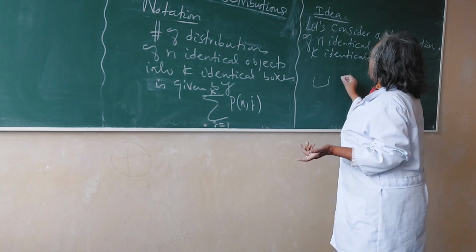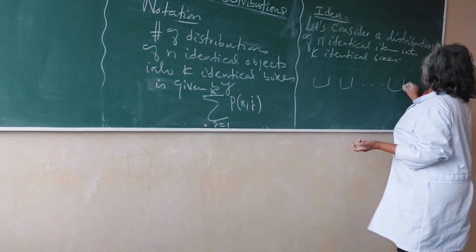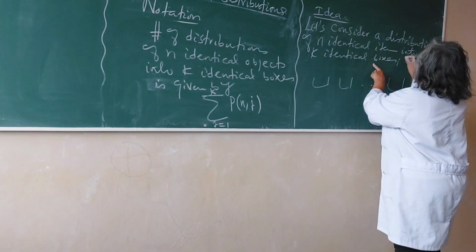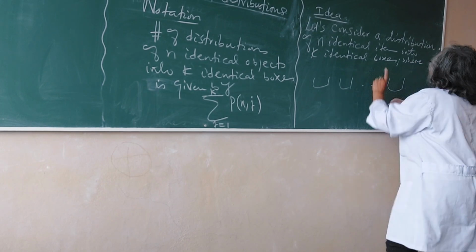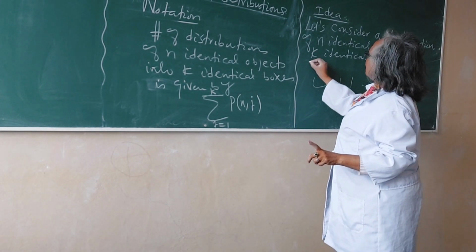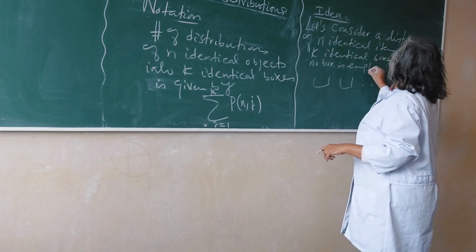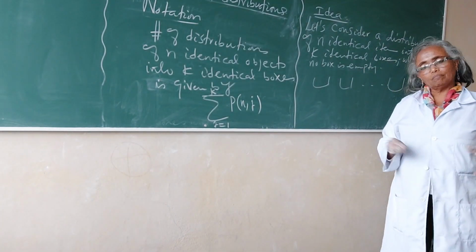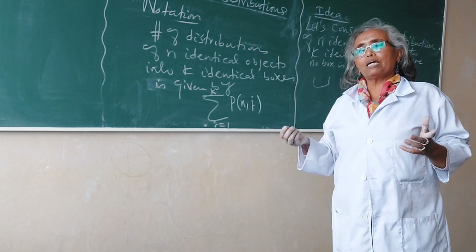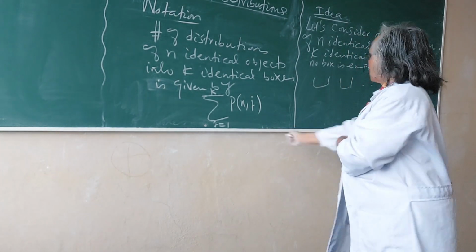Now we have these k boxes, where it is important that no box is empty after a distribution, because I need the n to count this distribution.